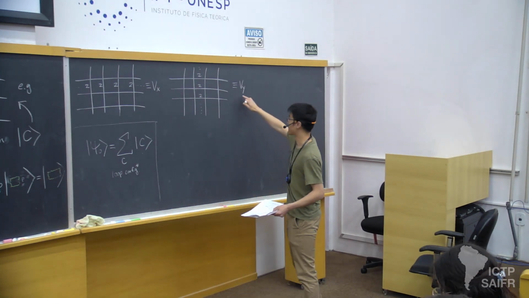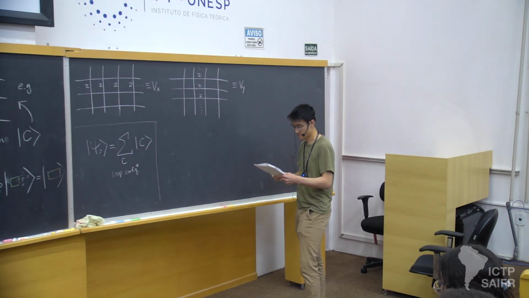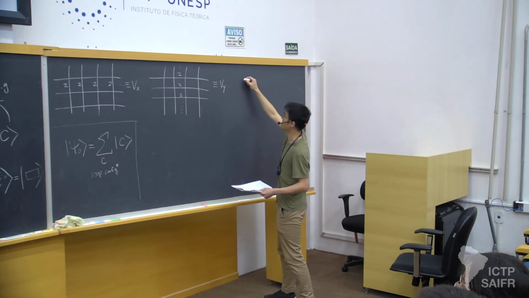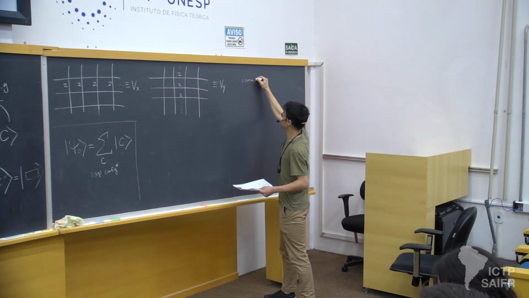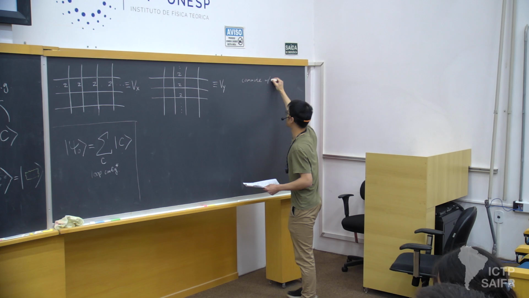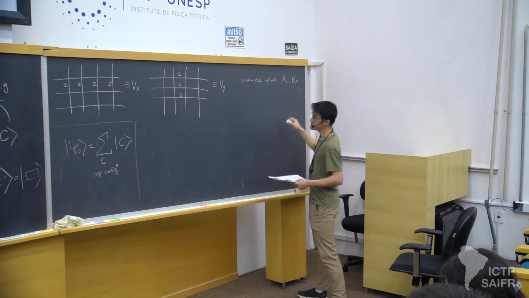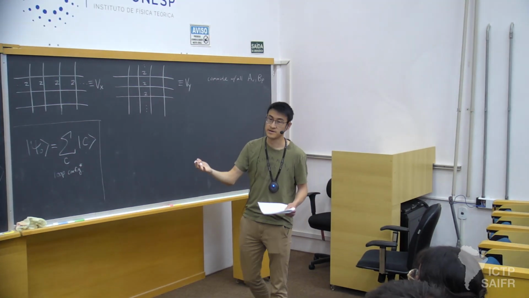And similarly for V_y. So these non-local operators all commute with all A_v, B_p, and hence they commute with the Hamiltonian.